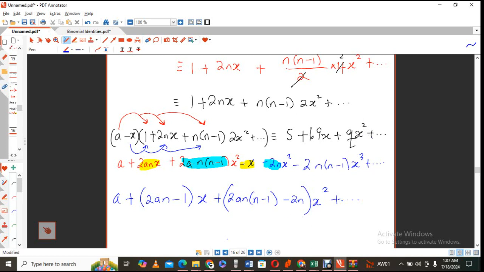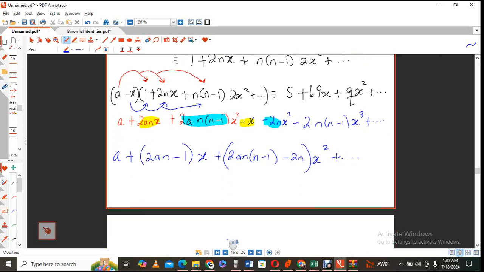So what do I know? A is 5. We can see that. A equals 5.